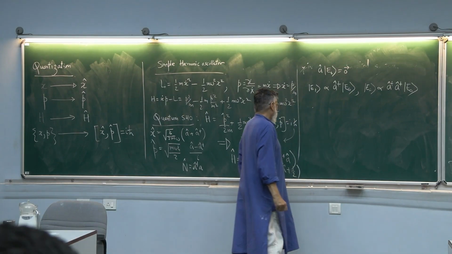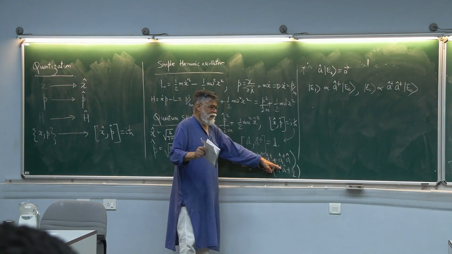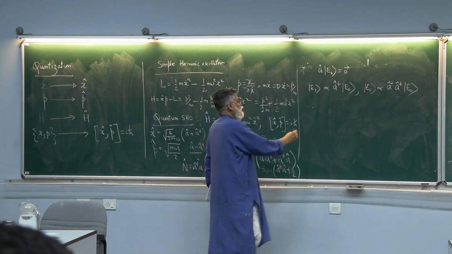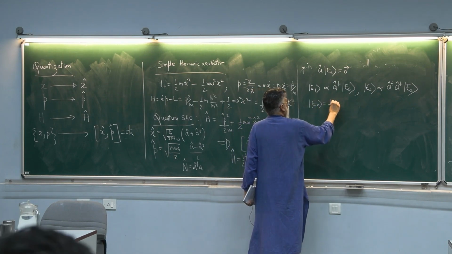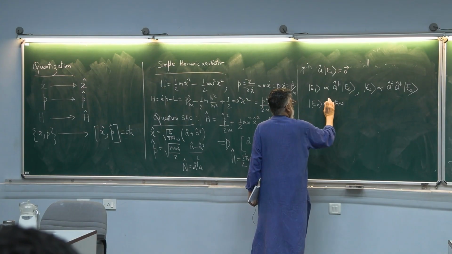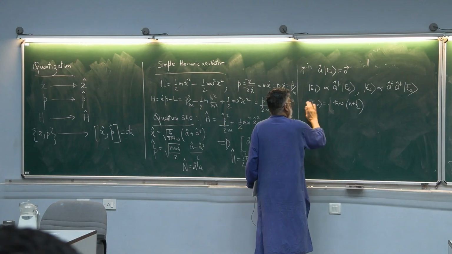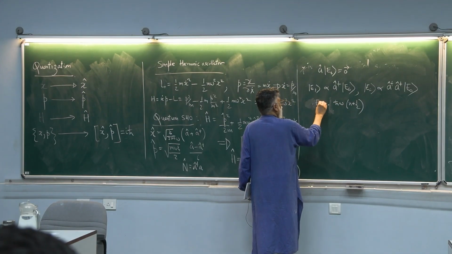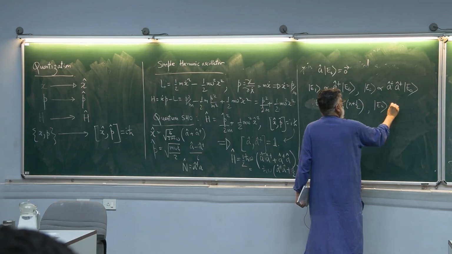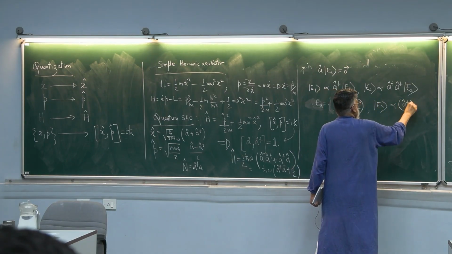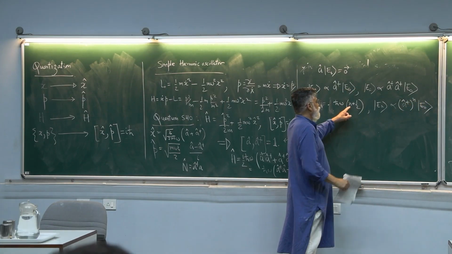So the eigenvalues of A dagger A are numbers, and you get the energy eigenvalues En equal to h bar omega times n plus half. And ket En is proportional to A dagger to the power n acting on the lowest energy state, corresponding to n equals 0.